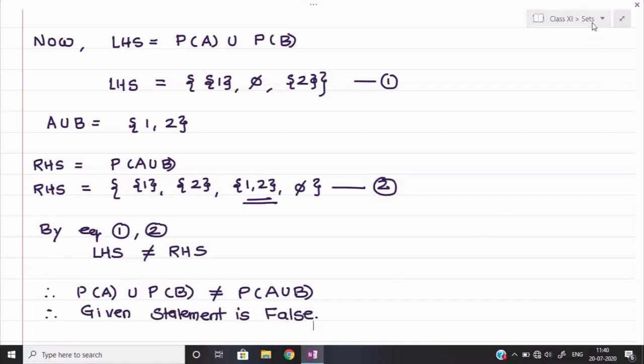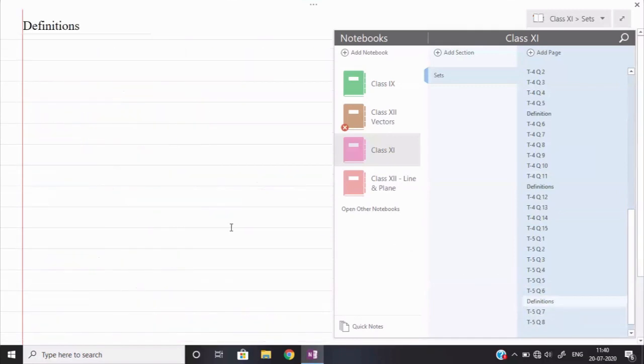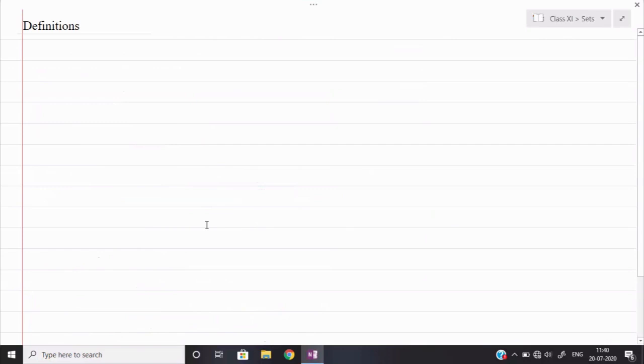Okay, now let us see the next question. Before that, we will see some definitions. Before I start question number 7, I will take some definitions and rules, which are essentially required in question number 7.